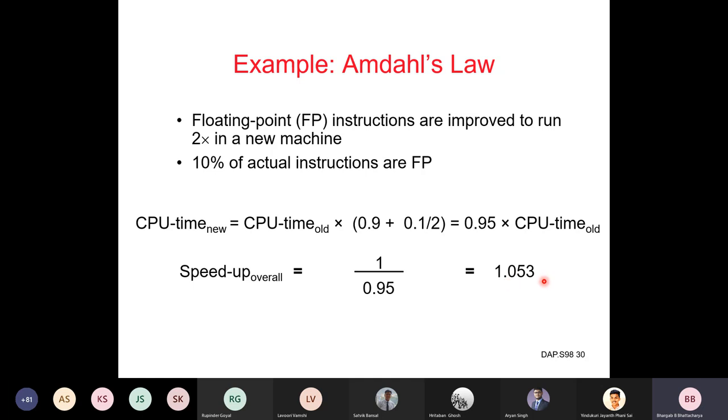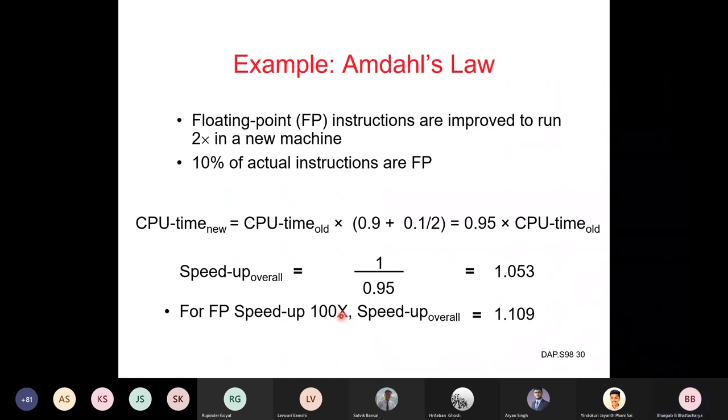1.053. All right. Now suppose instead of this floating point improvement by a factor of 2, you improve it by 100x. So if we look into this relationship, which factor would change? This factor would not change. Only this denominator would change here.